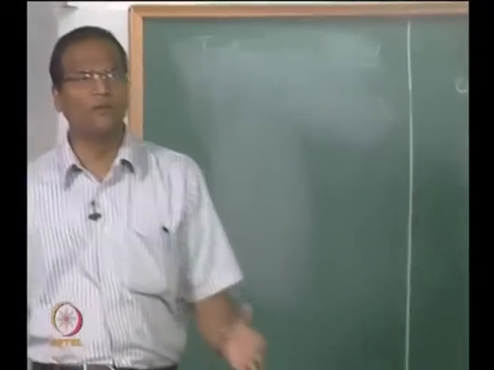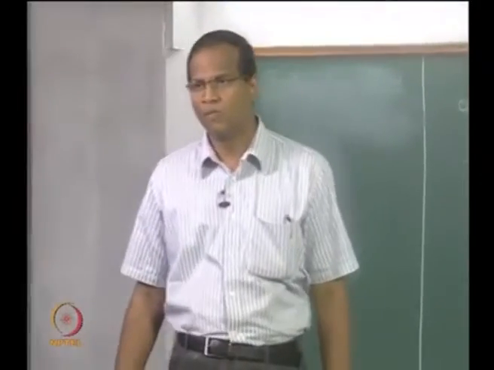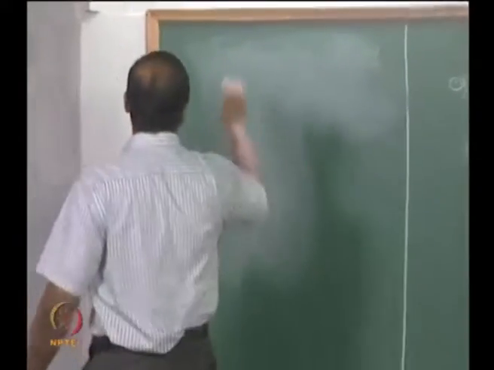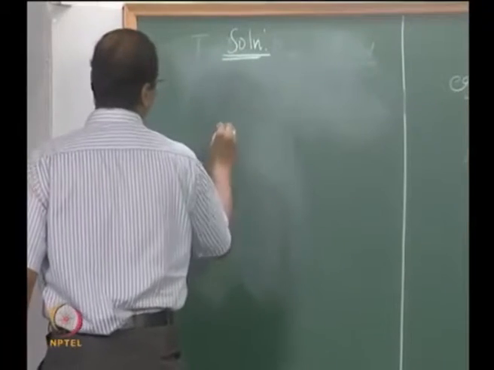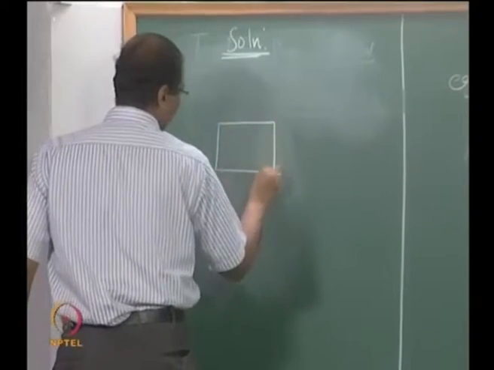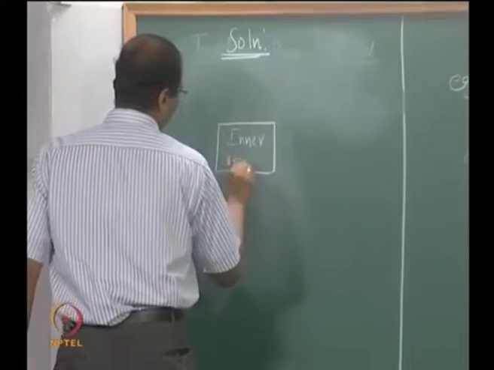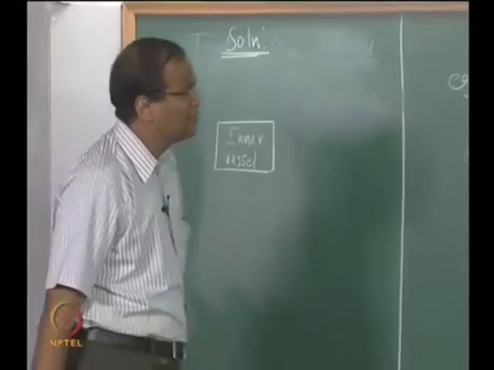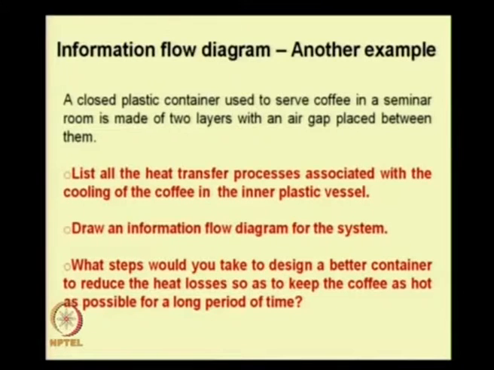Shall I give you some more time or are you through with this? What did I say apart from this? A closed container is made of 2 layers. Okay, so there is an air gap, right?